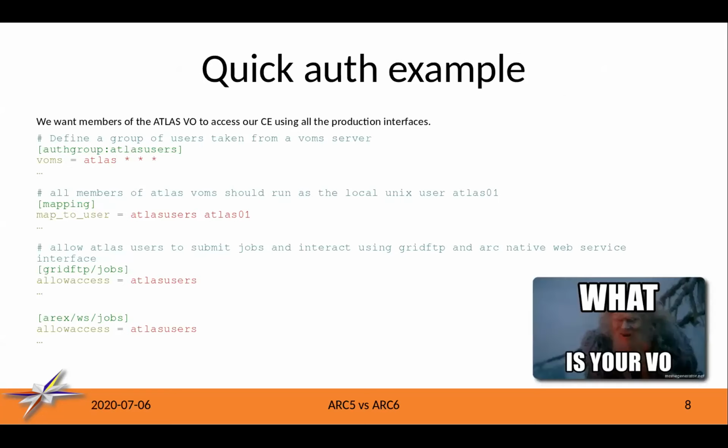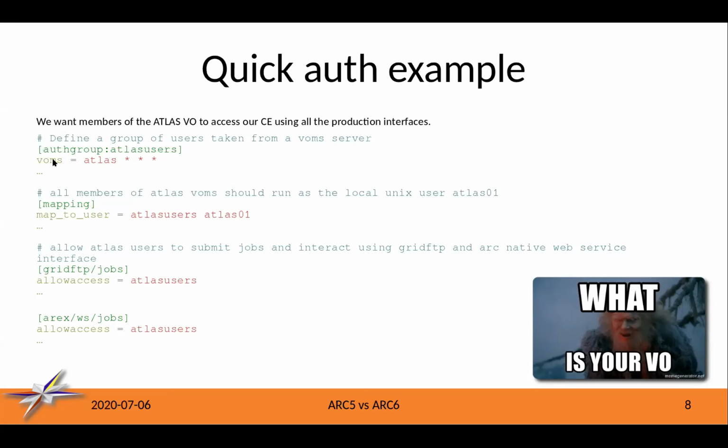So just to give you a quick example of how we do authorization and authentication, here I took this example in which one wants to accept members of the Atlas virtual organization to access the CE. The first thing that you do is create a group of users. Here we call it atlasusers, with this authgroup block.